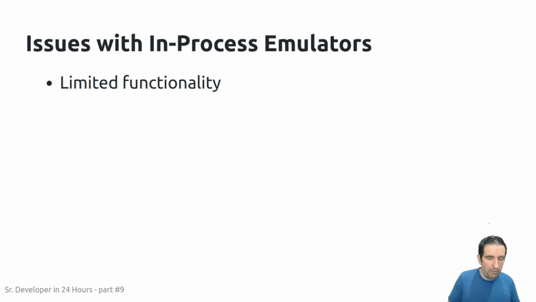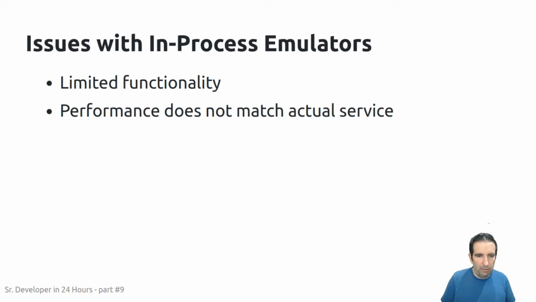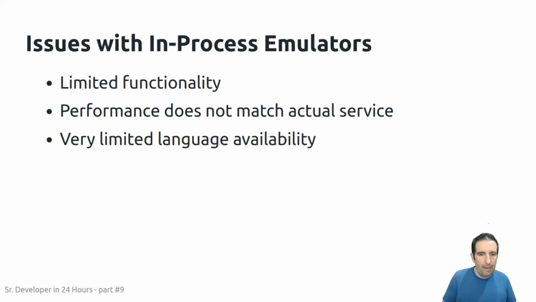Normally, you're running the same code as would be running in production, but there are some things that you might not be able to do, like replication. Because of the same reason, performance does not match the actual service. And you have very limited language availability. Things like Neo4j and ActiveMQ only run in JVM-based applications. So if you're using something that is not JVM based, then you're out of luck and you cannot run your own ActiveMQ instance or your own Neo4j instance.